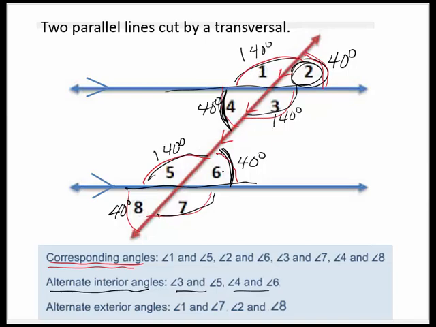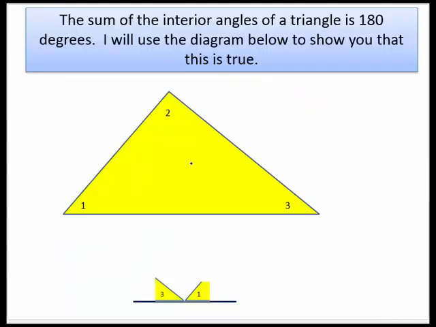Or we could say it's 140 because it's corresponding to 1. And then 7 is 140 because it's vertical with 5. Or because it is alternate exterior with 1. There's all kinds of reasons we could use. So we're learning a lot of different terminologies now, and we're going to be using those terminologies to solve these problems here in a second.